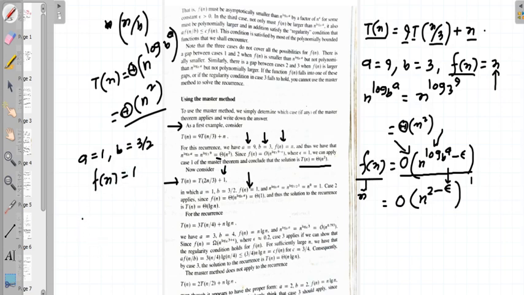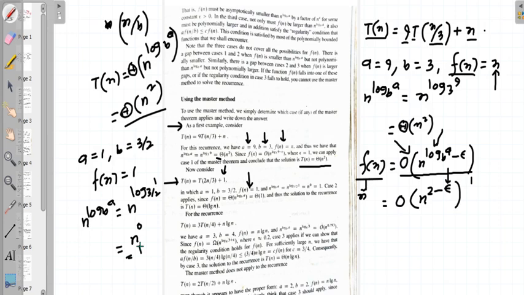And what will be n^(log a base b)? n power log 1 base 3 by 2. What will be that? N power log 1 is 0, so n power 0, which is equal to 1.